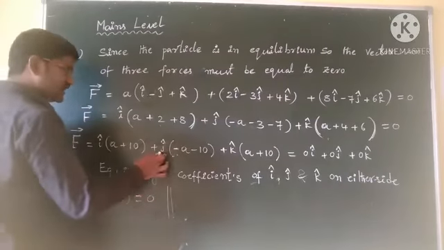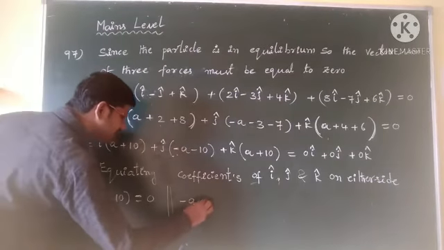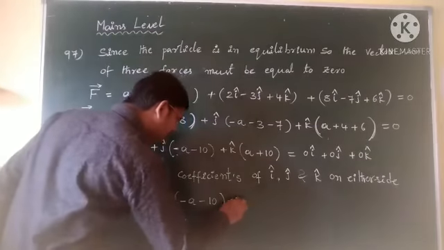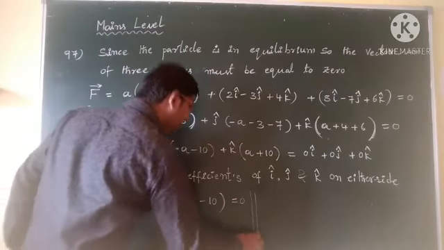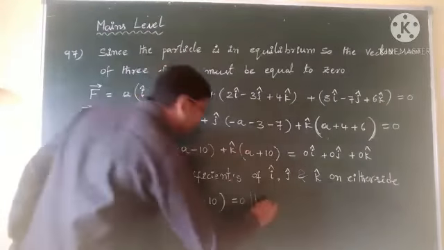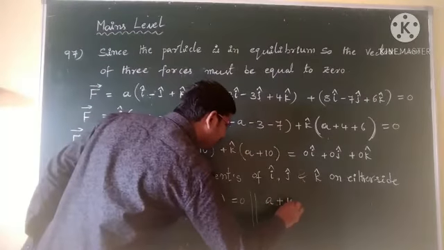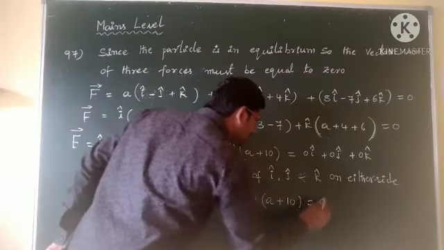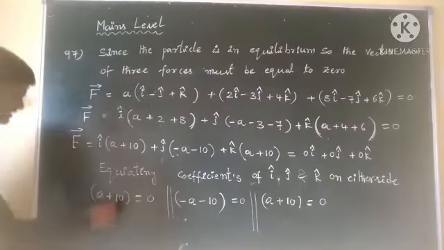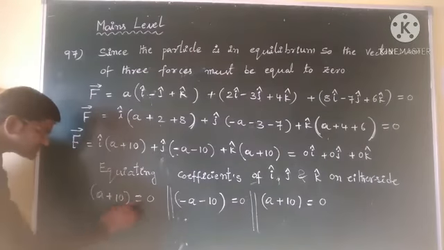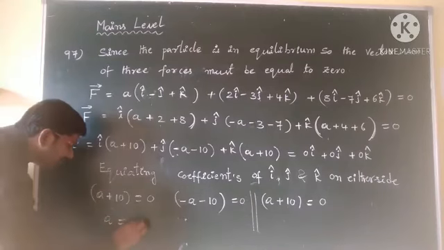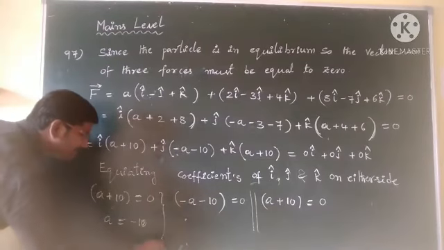Next, here the j cap coefficient is minus A minus 10, and here the j cap coefficient is 0. And here the k cap coefficient is A plus 10, and here the k cap coefficient is 0. Then A plus 10 is equal to 0, so A is equal to minus 10.